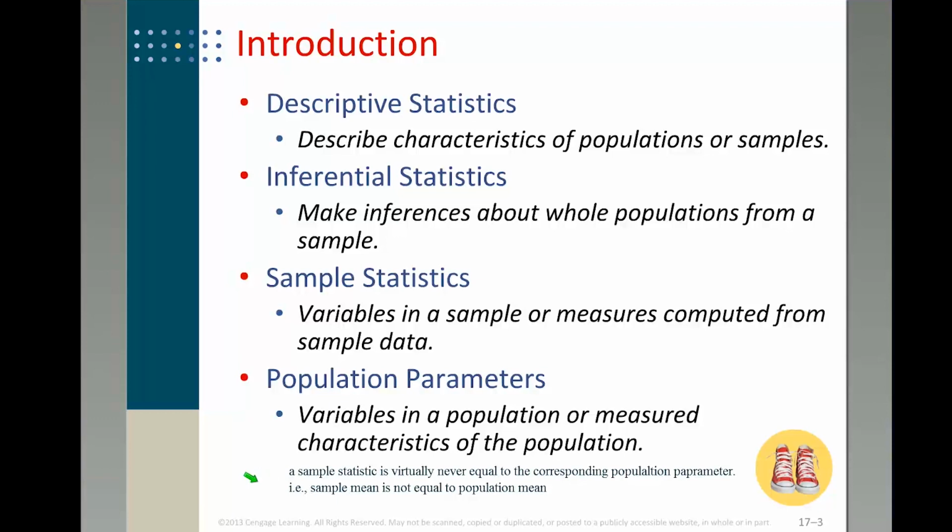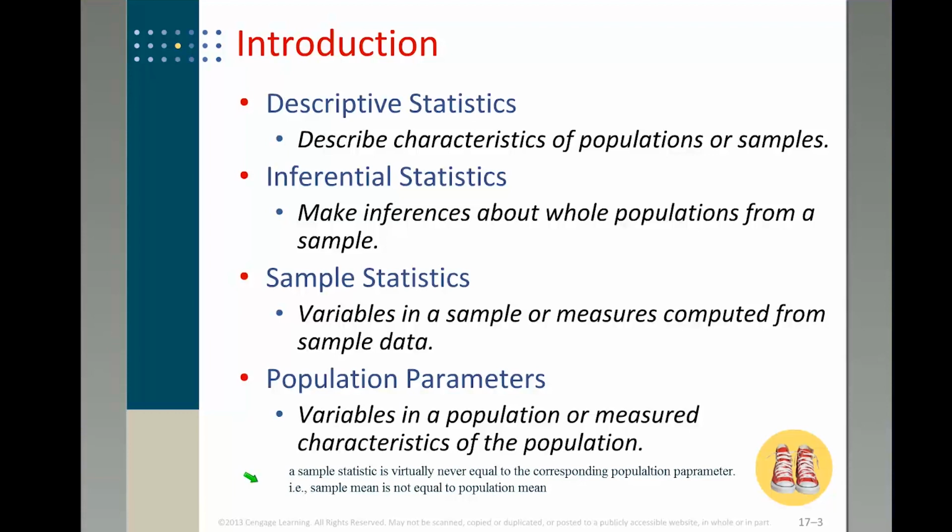This is a very important concept in making inferential statistics, especially about constructing confidence intervals or testing hypotheses. That is, the sample statistic is virtually never equal to the population parameter.